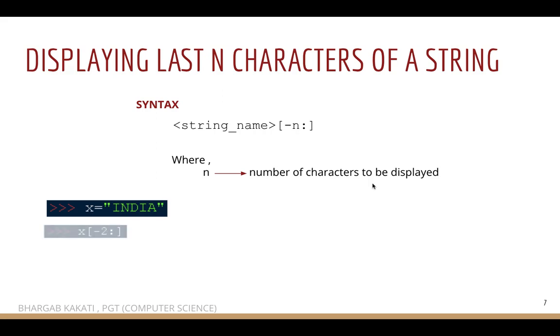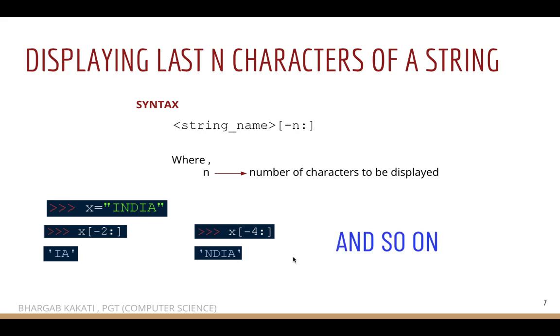So if x is India, x[-2:] means I want to display the last 2 characters of the string India. It will fetch me IA. If I write x[-4:], that means I want to display the last 4 characters of the string India. That means NDIA will be displayed, and so on.